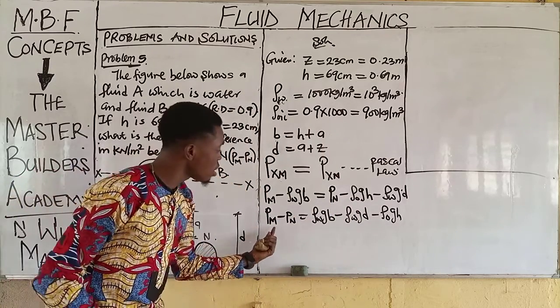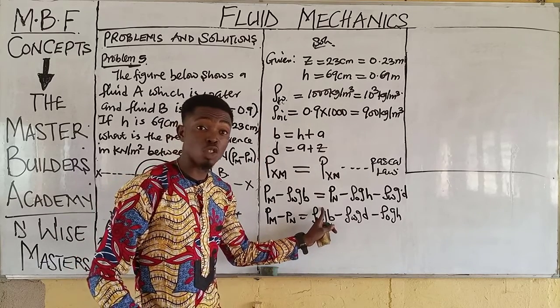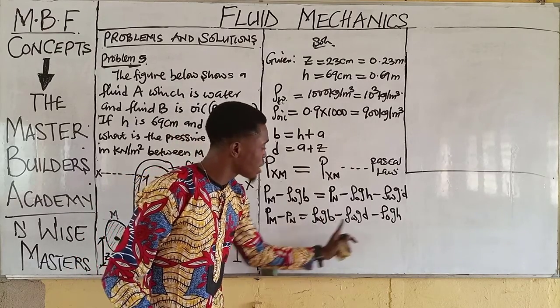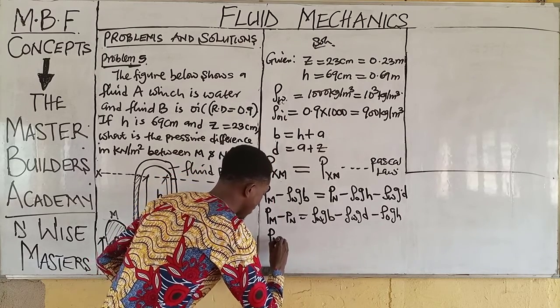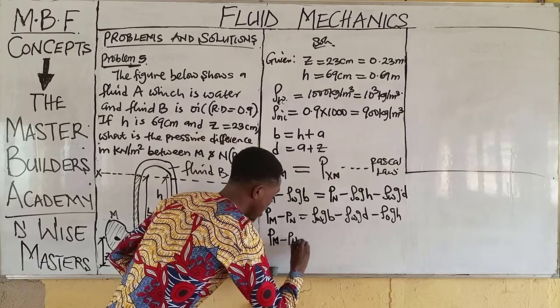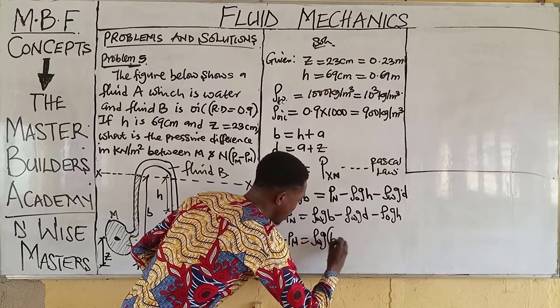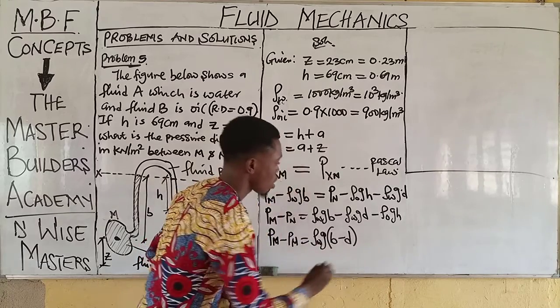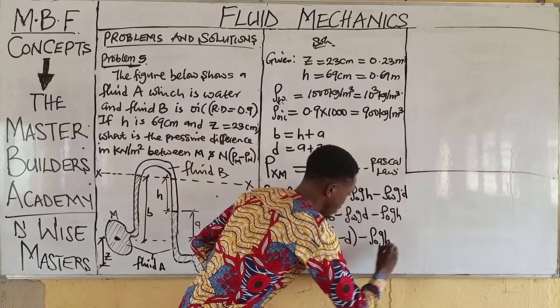Then at this point, the density of water multiplied by acceleration due to gravity is common between these first two terms. Therefore, I will quickly factorize. Minus Pn is equal to density of water G multiplied by B minus D, then minus density of oil, acceleration due to gravity.